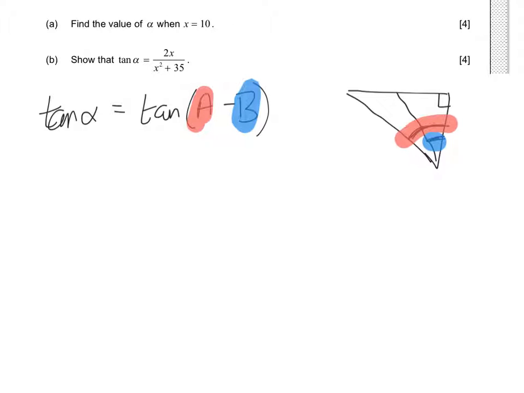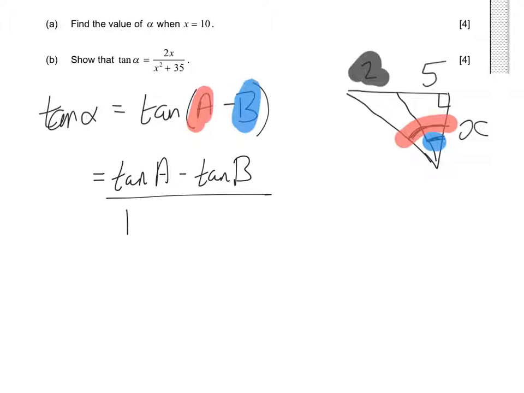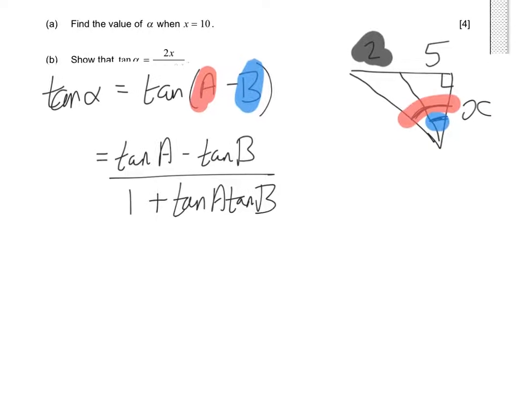So 2, 5 and x. We know a relationship for tan A minus B. It can be rewritten as tan A minus tan B all over 1 plus tan A tan B. That's the compound angle formula that's given to you in the formula booklet.